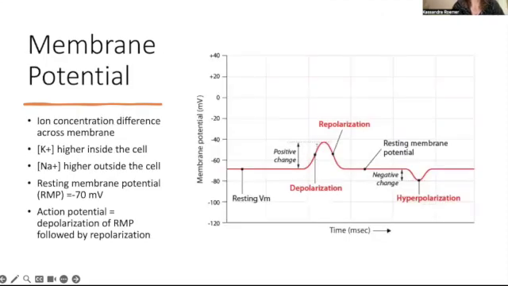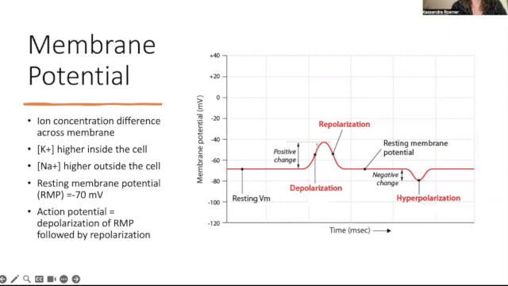Talking about the membrane potential, again, it is caused by different ion concentrations across the membrane. So we have a higher potassium concentration inside the cell and a higher sodium concentration on the outside of the cell.